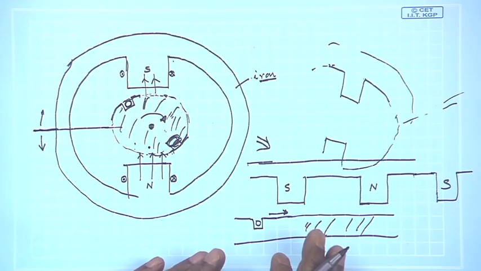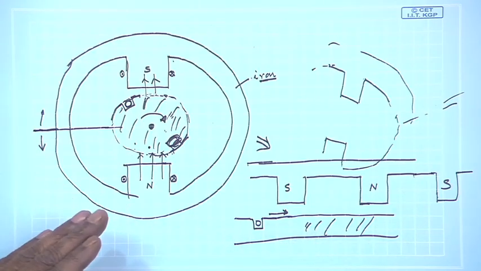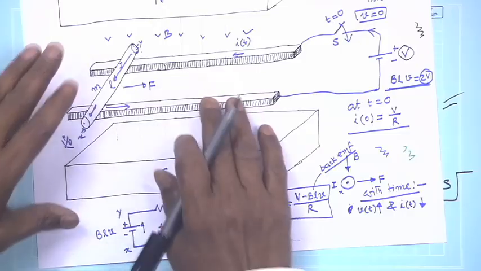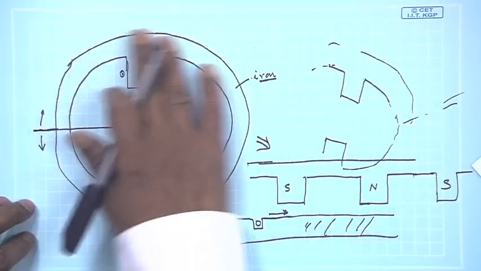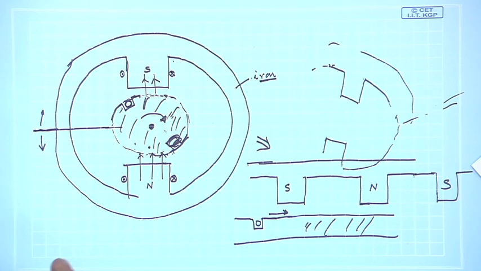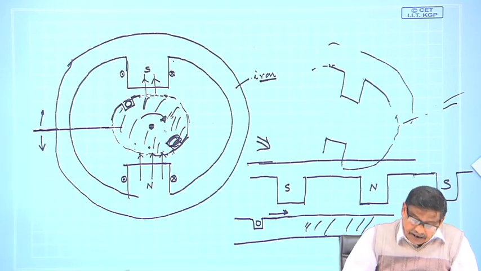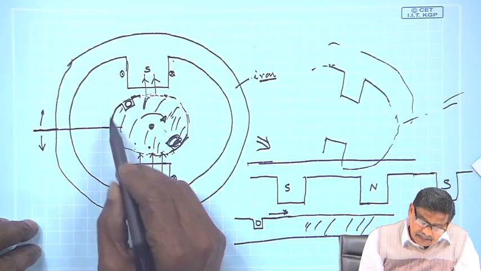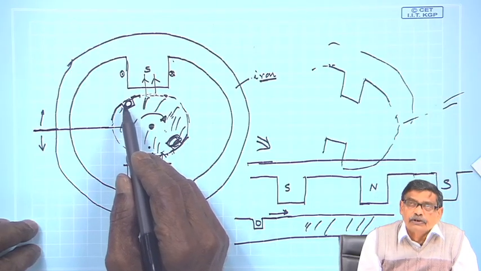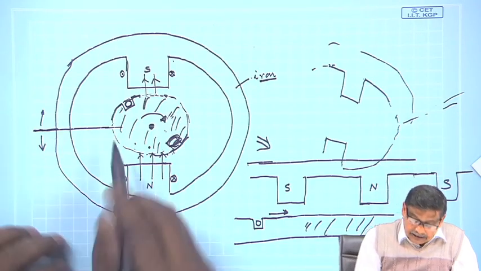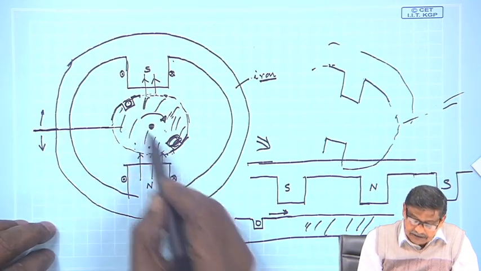Is not this just similar to this one? Anyway, so this is how I can make a single conductor generator and if you turn it on, it will always induce voltage across the conductors.